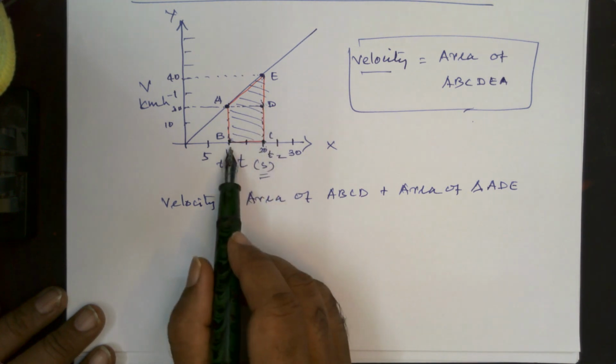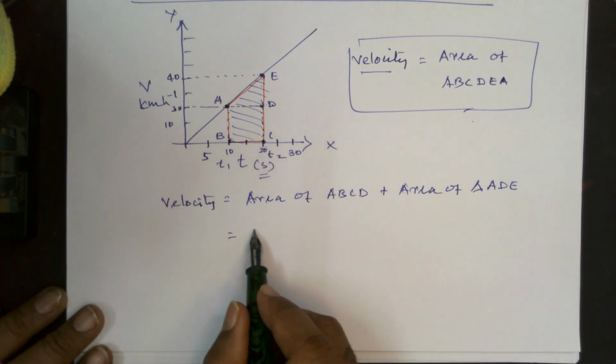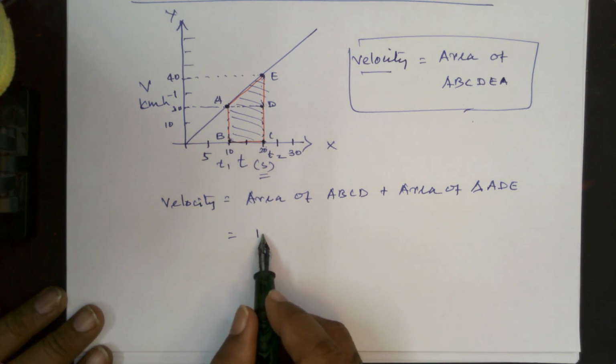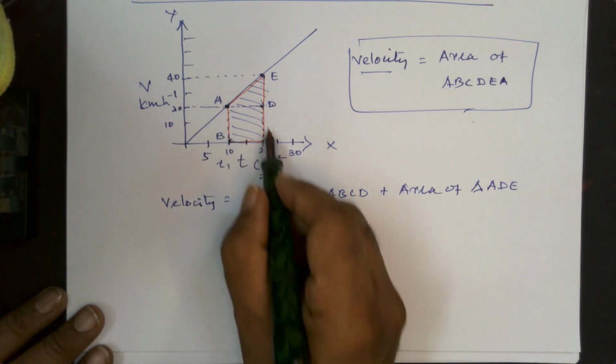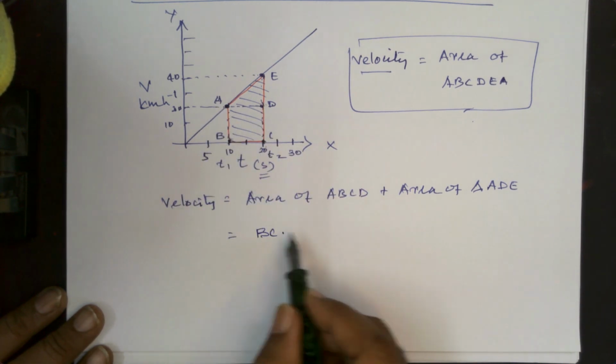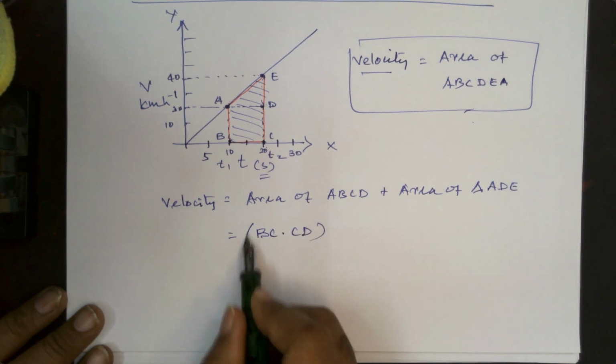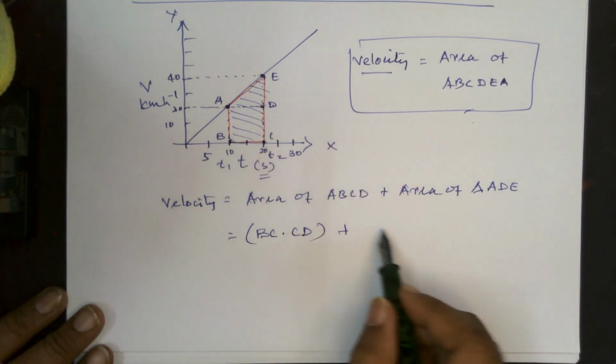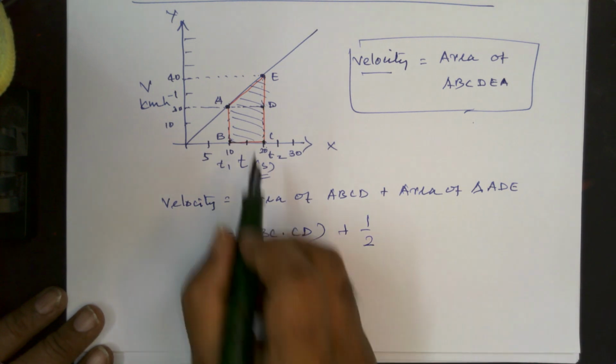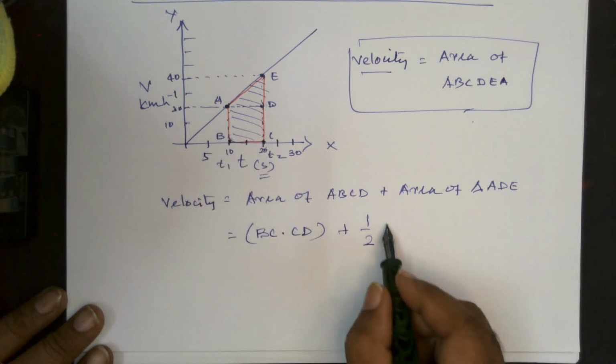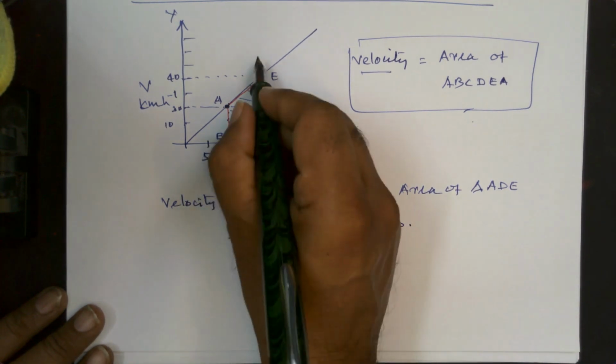So 20 minus 10 is 10, is it not? So 10 into, you can multiply like this, BC into CD, plus what about area of triangle? Half into, what is the base? AD. What is the height? ED.